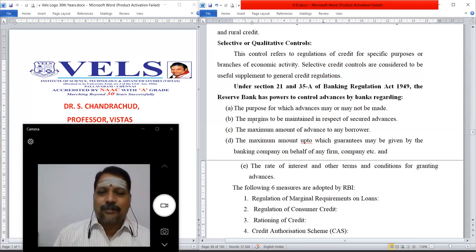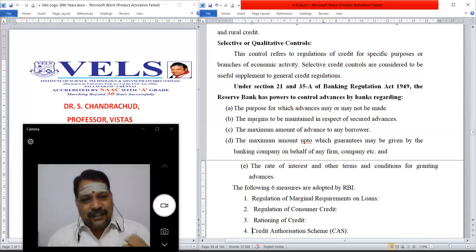The third one, the maximum amount of advance to any buyer. And the fourth one, the maximum amount up to which the guarantee is given by the bank company on behalf of any firm. And the last one is the rate of interest and other terms and conditions of granting. So these five, the RBI has the power to regulate under Sections 21 and 35A.